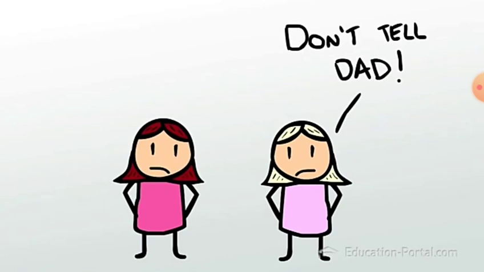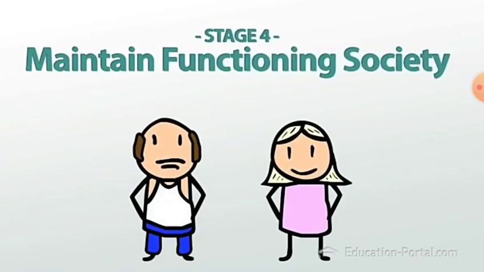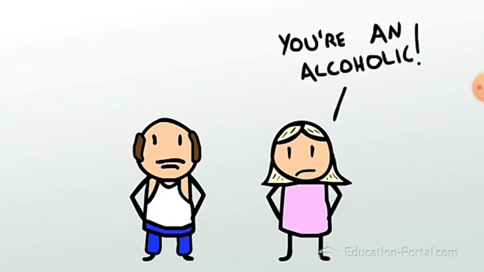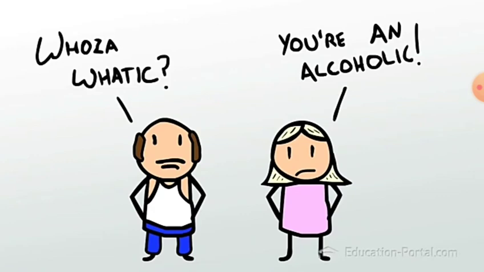Her decision would be based on whichever social relationship seemed the most important. And stage 4, moral reasoning, centers around maintaining a functioning society by recognizing that laws are more important than individual needs. In this stage, Lauren probably wouldn't give her father the money because his alcoholism is disruptive to the stability of her family and community.